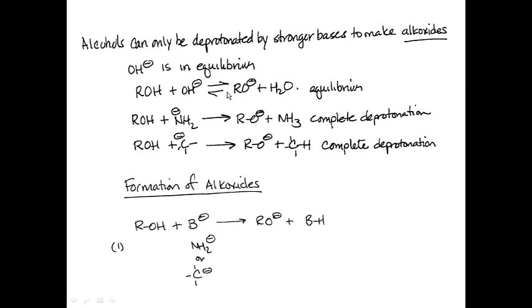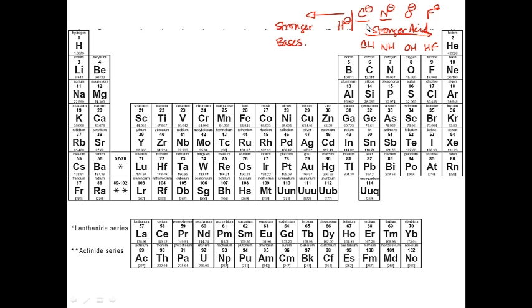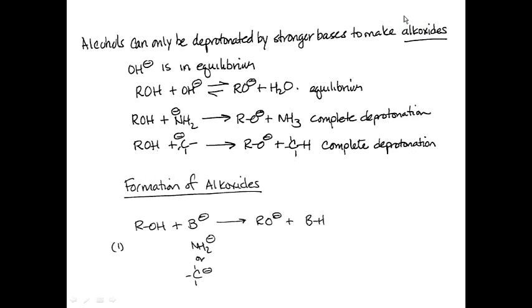If I want to 100% completely deprotonate an alcohol, I'm going to use an N- or a C-, because then I will get complete deprotonation. And again, the reason for that is because C- and N- are stronger bases than an O- species from the periodic table.